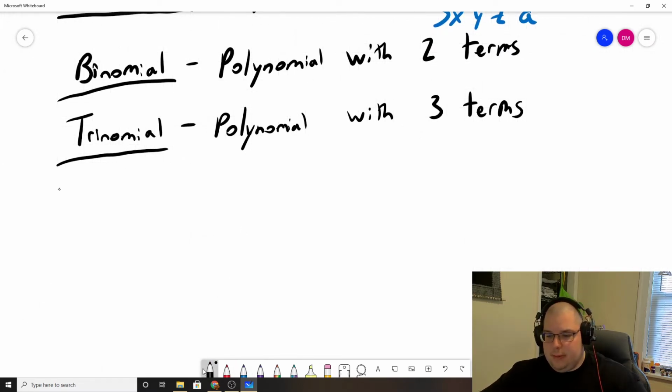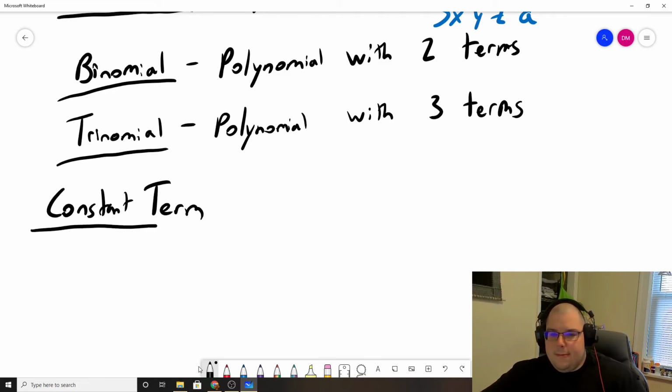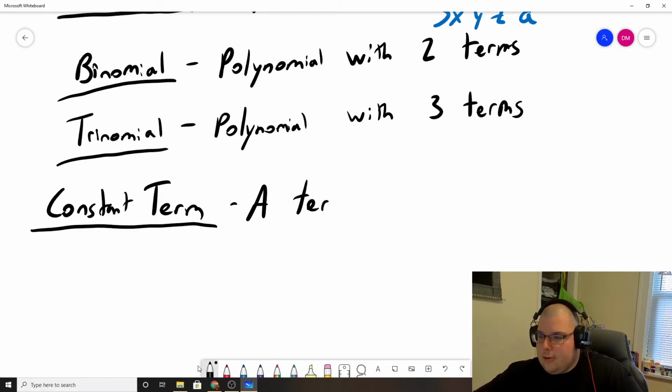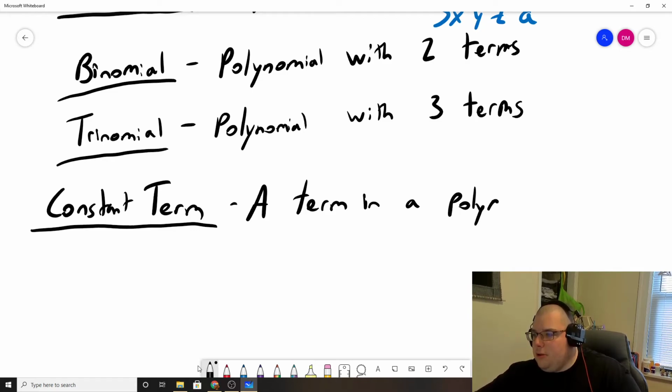The last thing that I want to talk about today is the constant term. Constant term, which is a term in a polynomial that is just a number.